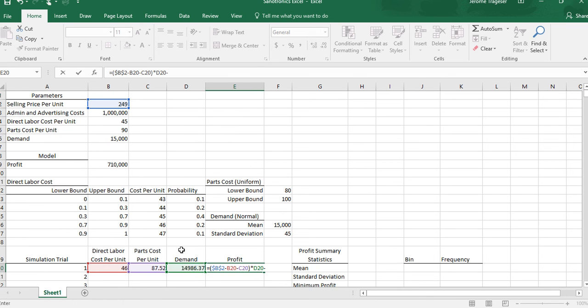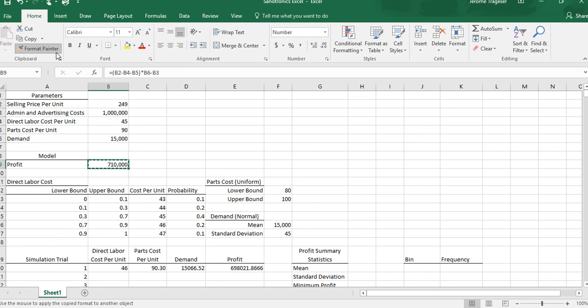Then minus our admin and advertising cost. Again, that one is going to be absolute. Okay, and we can go ahead, make this a little easier to read again. We can copy this format, paint it on down here. Okay, and again, you see that everything changes once we make a change.